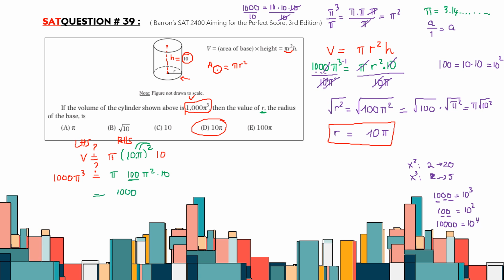Then pi times pi squared is pi cubed. Yes, and it's the same as the left hand side. So yes, it's the right answer.